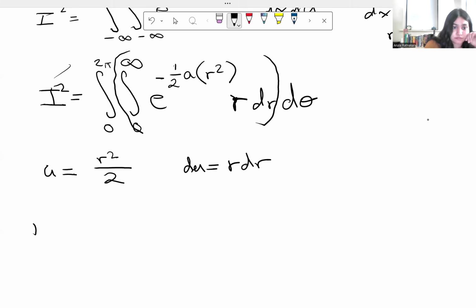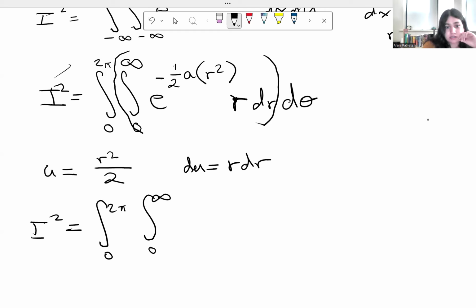So I squared equals the integral from 0 to 2 pi, integral from 0 to infinity of e to the negative a u du d theta.